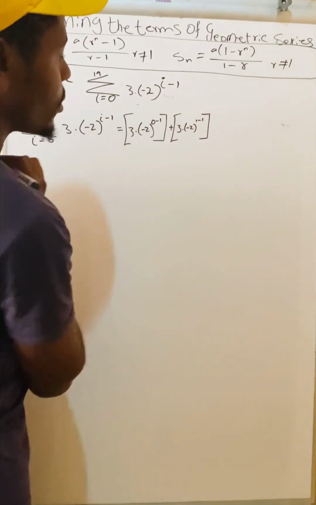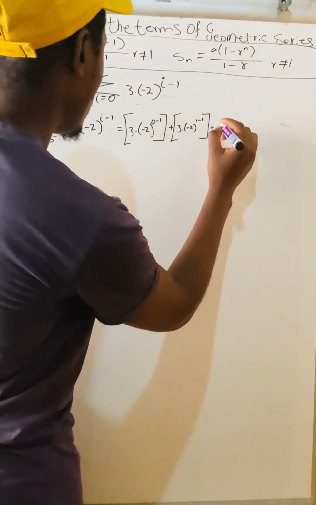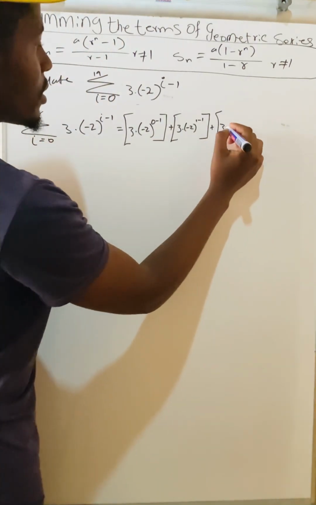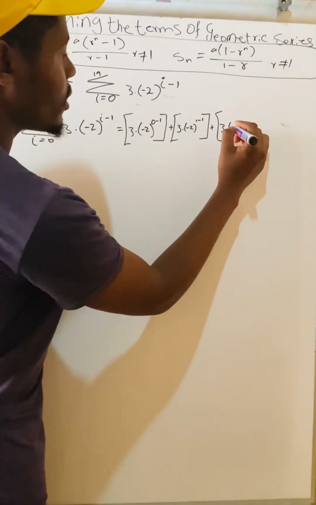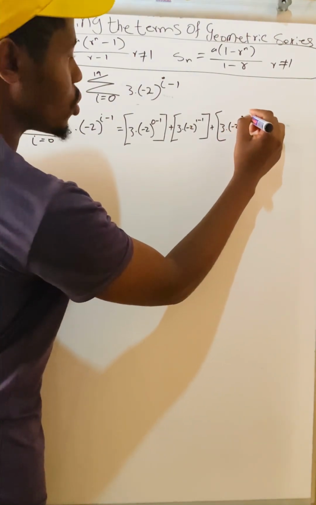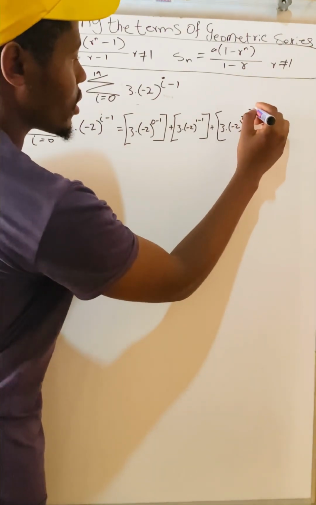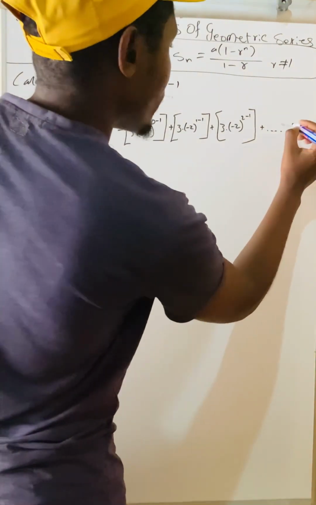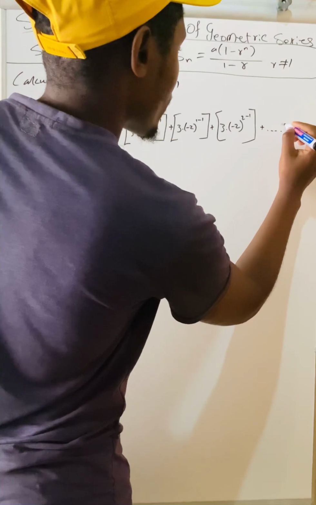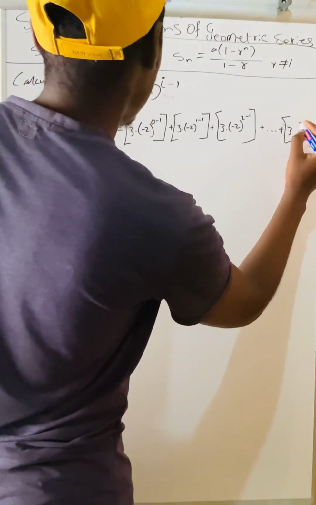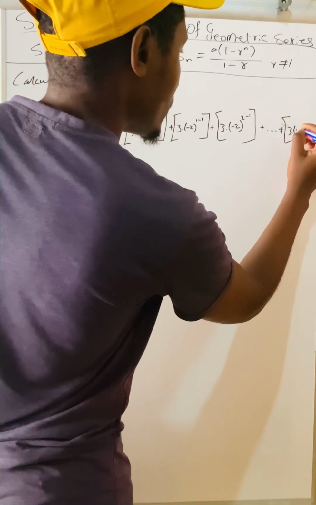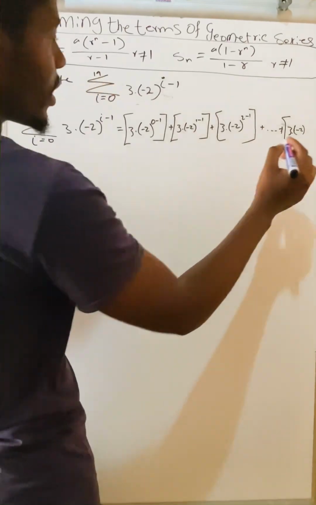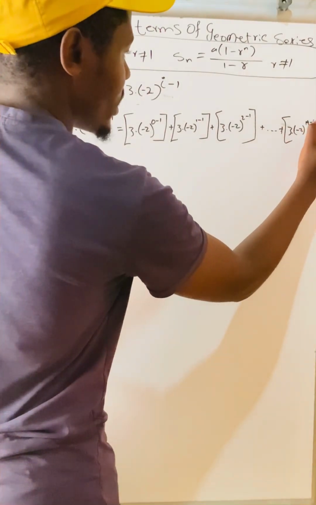Again, plus 3 into brackets negative 2, to the power 2 minus 1, plus and so on. Then plus 3 into brackets negative 2, and you take the last term, to the power 19 minus 1.